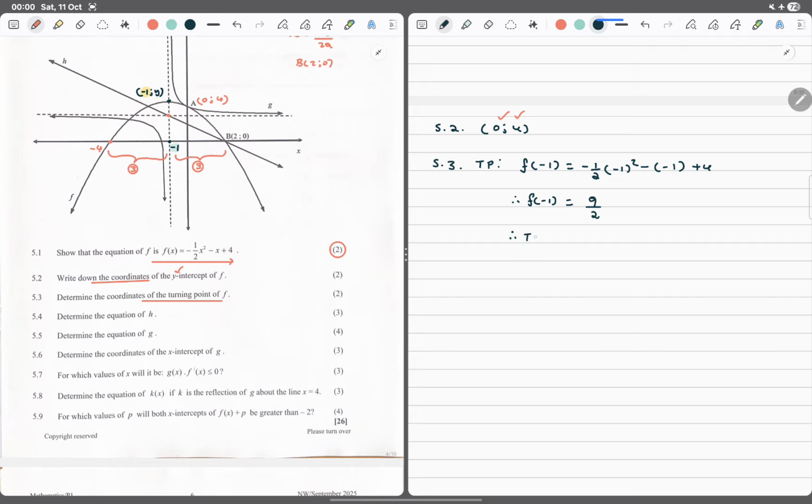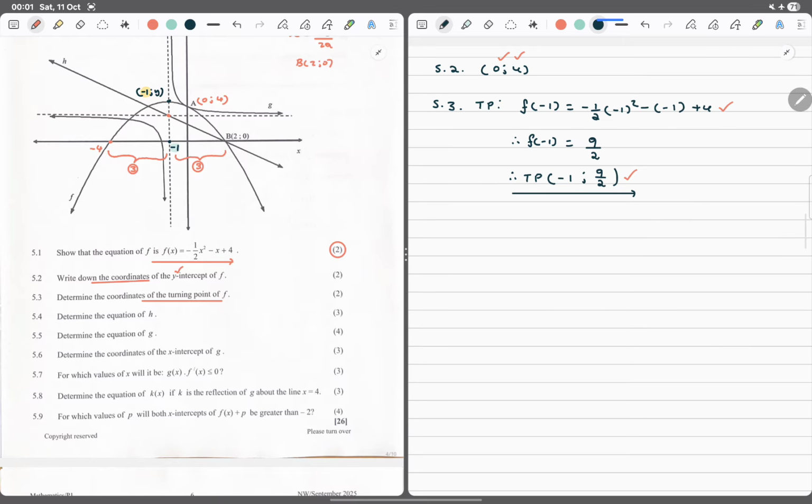We can say, therefore, our turning point is given by (minus 1; 9 over 2). Remember the question said coordinates. So no mistakes here, guys. Substituting into this is good, and presenting the answer in the required format.